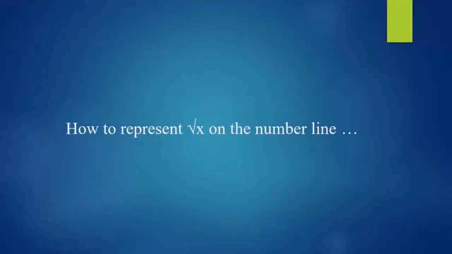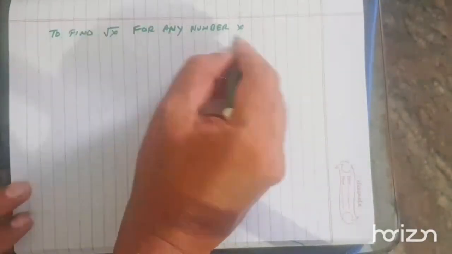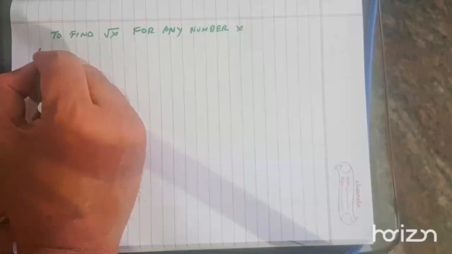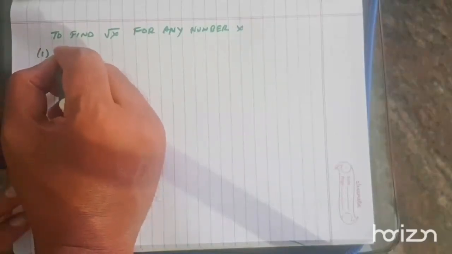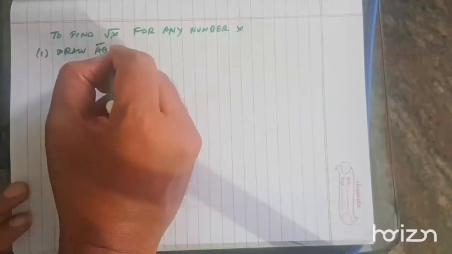Hi friends, let's look at how to represent square root of any number x on the number line. To find square root of x on the number line for any number x, x can be 9.6, 10.3, 5, 2, anything. The first step you have to do is draw a segment AB whose length is x.